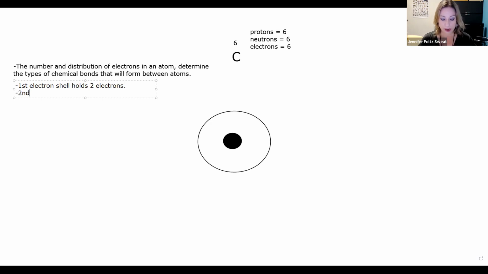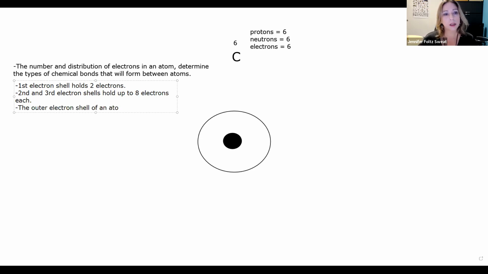So the second and third electron shells hold up to 8 electrons each. One other thing I'm going to write here: the outer electron shell of an atom is called the valence shell.